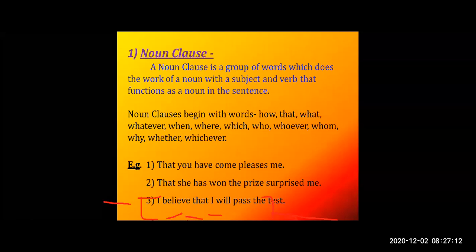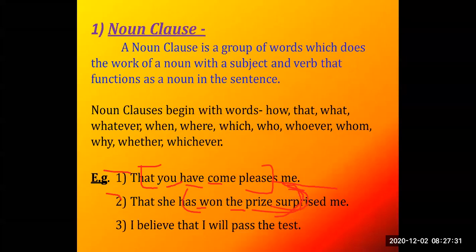In the second example, she is the subject, won is the verb, "that she has won the prize" is your noun clause, and "surprised me" acts as the subject of the verb "surprise". In "I believe that I will pass the test", I is the subject, pass is the verb, "that I will pass the test" is your noun clause, and it is the object of the verb believe. So this we have seen about the first type of dependent clause, the noun clause.